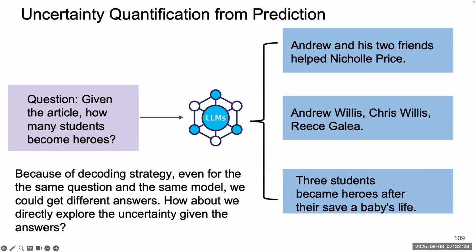Okay, before we formally introduce prediction uncertainty, let's talk about an example. I think we already know that the outputs from LLMs could be different. They could have some errors even with the same question, due to decoding strategies like temperature or the autoregressive procedure, and then the same model may give different answers.